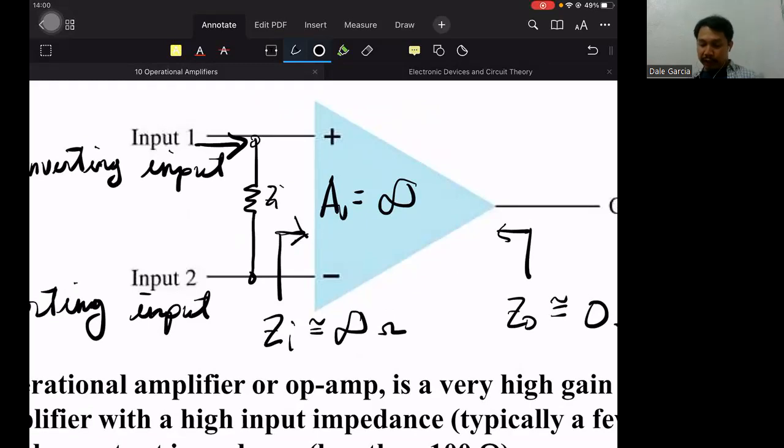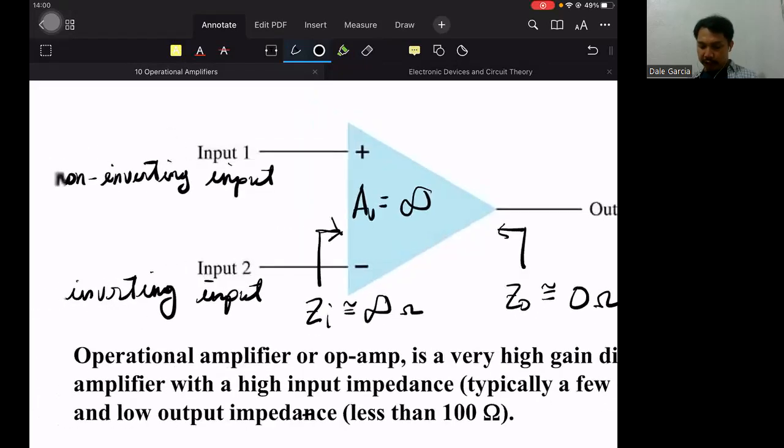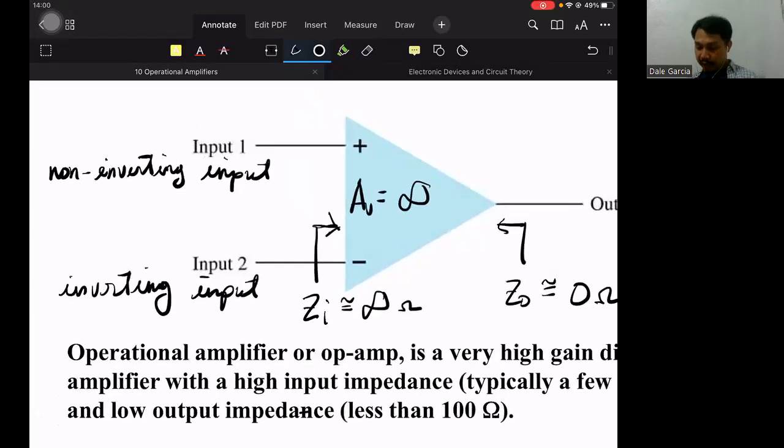So no external current can influence the internal circuitry of our operational amplifier. Ang current level, at least sa atong signal, will not influence our operational amplifier. So isn't that a very good capability?